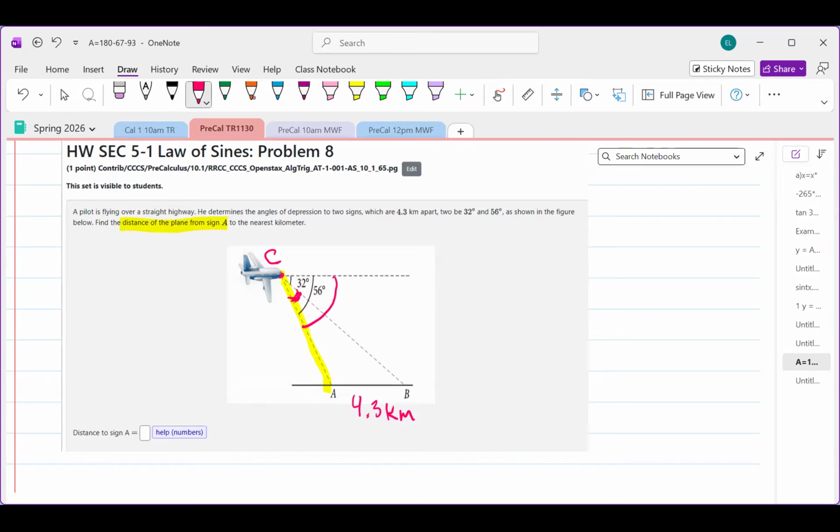Like 32 is one part, angle C is the other part, and those two parts together are 56. So part, whole. So angle C, one way to see it is 56 minus 32, which is 24 degrees. So we've got angle C.